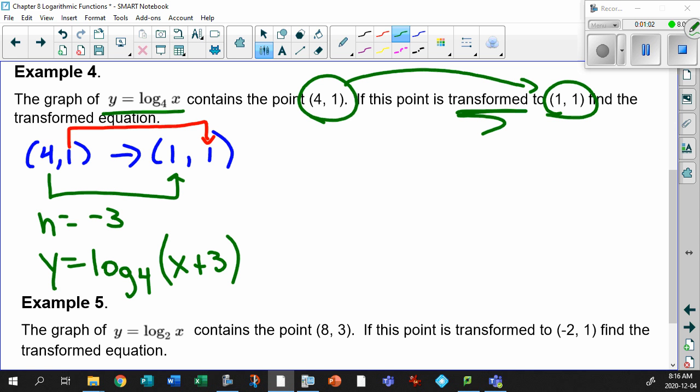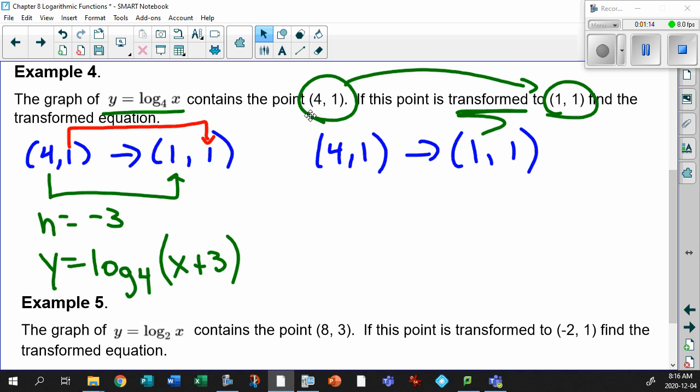Okay, that's one possibility. But I also want to look at another possibility here, which is quite cool. Let's go back to that (4, 1). Let's go back to this (1, 1) here. What's another possibility? Because this doesn't say specifically this point, and I have to have all of the points lining up on one graph.